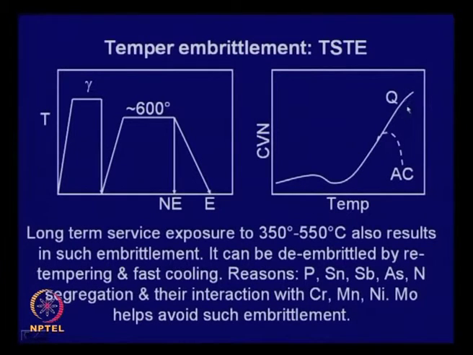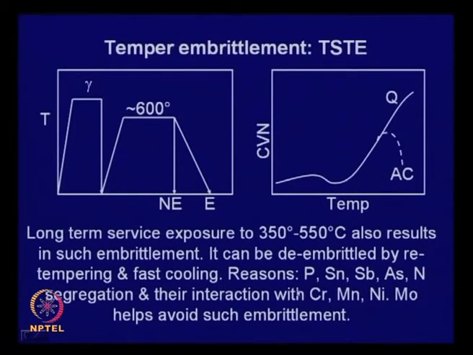Take 4340 steel, which is a very popular steel, used as a spring and in many other very critical applications, an ultra high strength steel. It gives the best combination of strength and toughness after hardening and subsequent tempering if it is oil quenched. But if you air cool, such steels are prone to this kind of embrittlement.